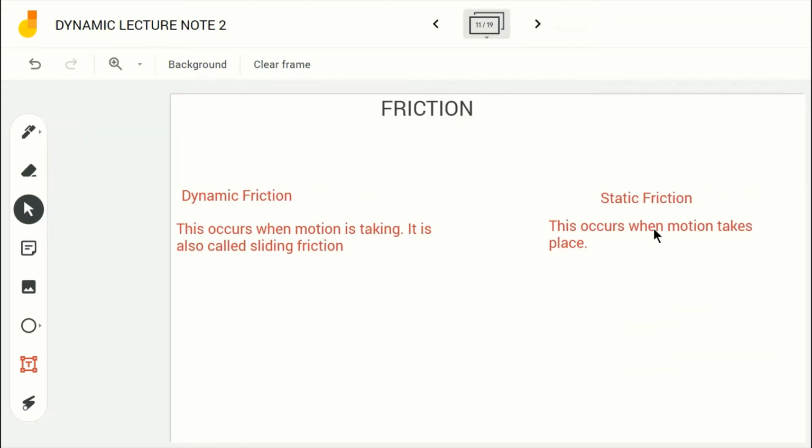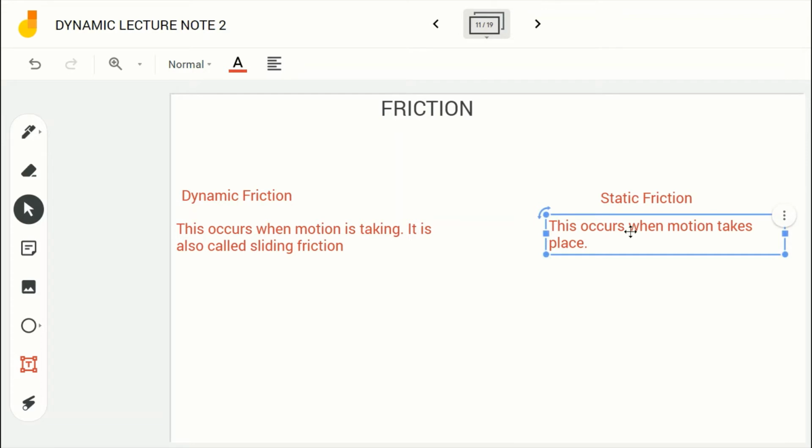Right here, we'll take a look at the two types of frictional force. One is called dynamic friction, also called sliding friction. It's a friction that occurs when motion is taking place.